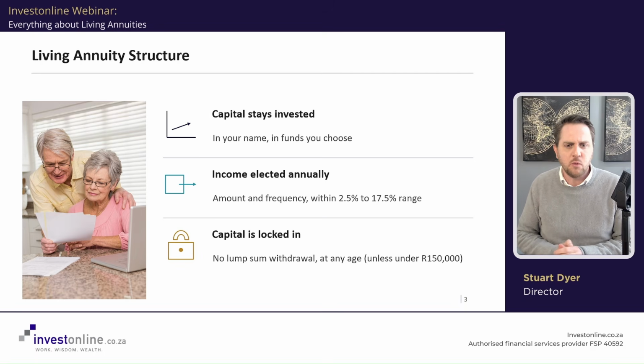It's similar to really locking your money into a post-retirement vehicle, and you need to be quite sure that you intend to do that when making that decision. The only time you can actually withdraw a living annuity is if it reaches a capital value of 150,000 Rand and below, at which point you are allowed to withdraw the full living annuity as a cash lump sum.